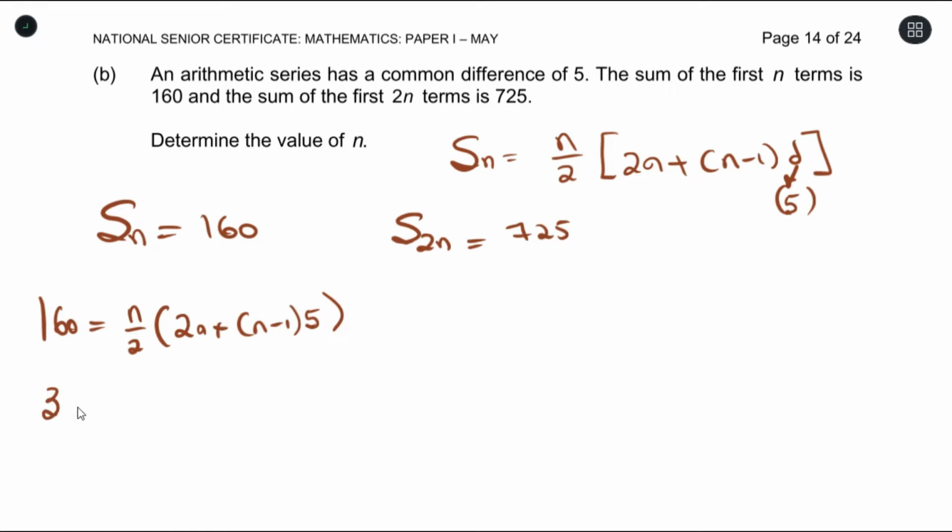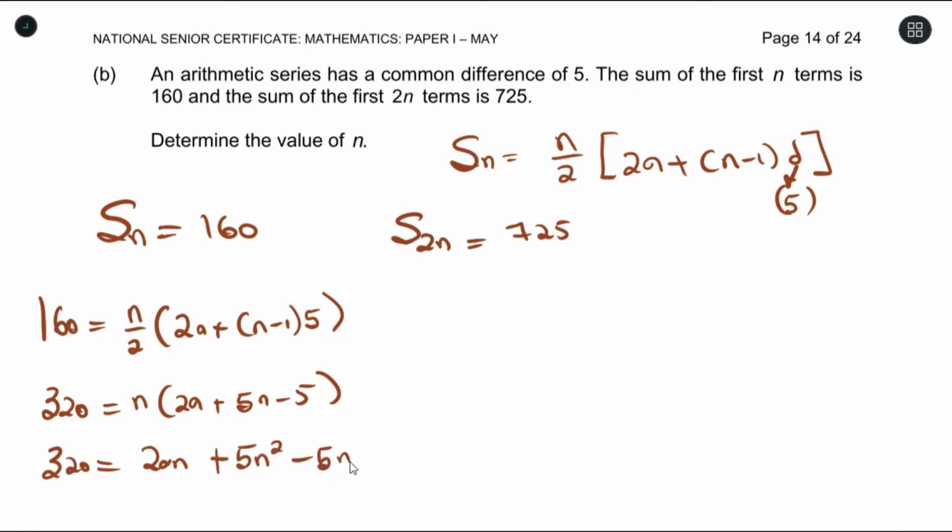This here will be 320 is equal to n, open bracket, 2a plus 5n minus 5. Okay, I can open out the bracket again. I'll have 320 is equal to 2an plus 5n squared minus 5n. Okay, so this is what Sn is equal to 160 actually gives us. Now for the second part of our question, which is S2n. Now for S2n, this is what we're going to do.